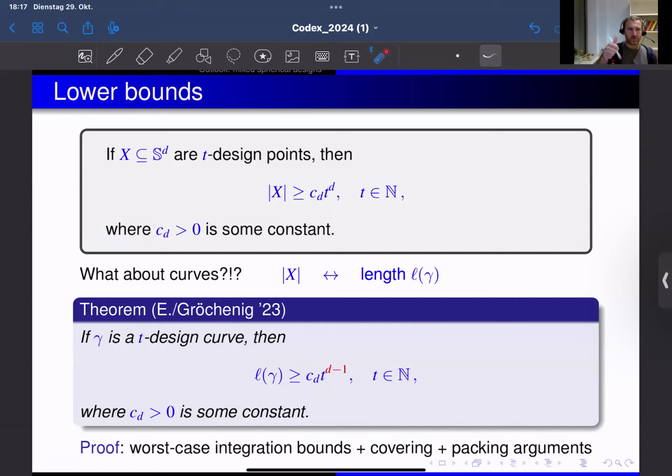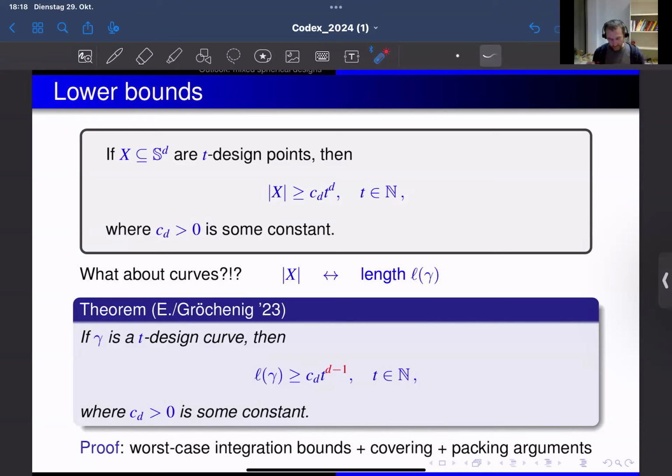Like the intuition could say, well, points are 0-dimensional, so you need t to the d. A curve is one-dimensional, so maybe you gain 1 exponent, and then it's a lower bound in terms of the length of t to the d minus 1. It turns out that the lower bound for points can actually be derived simply by looking at the dimensions of the polynomial spaces on the sphere.